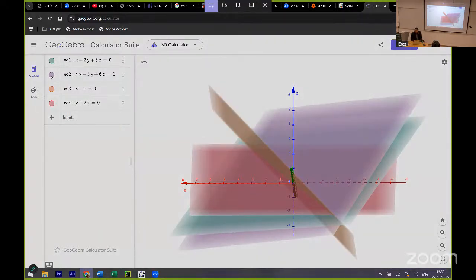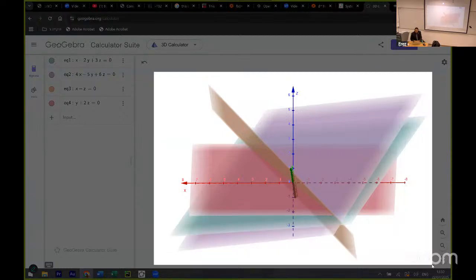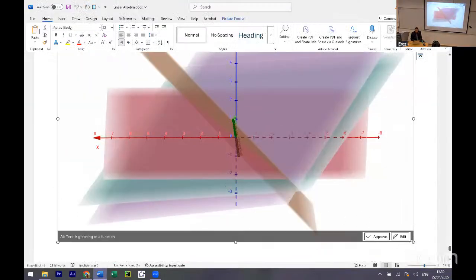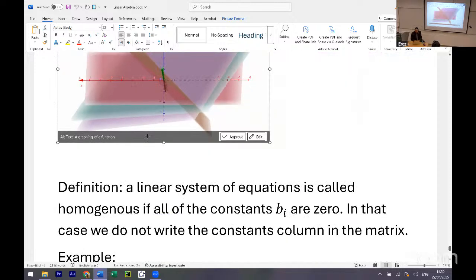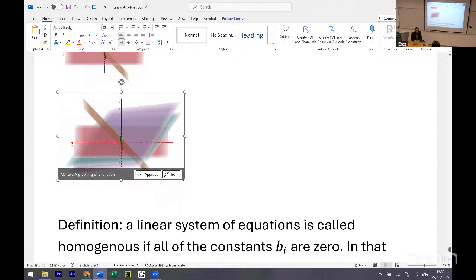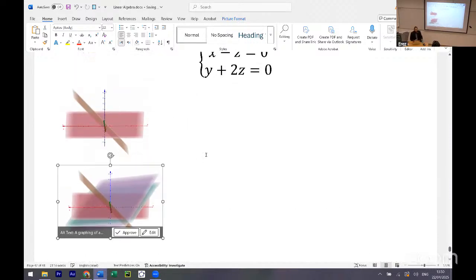Is it important for solving a linear system of equations? Not at all, right? But like I said, sometimes it helps to understand what's happening behind the curtain, or, I don't know, whatever you wish to call it. Okay.